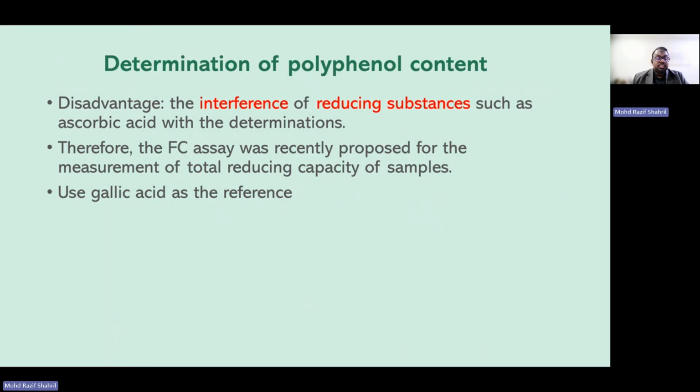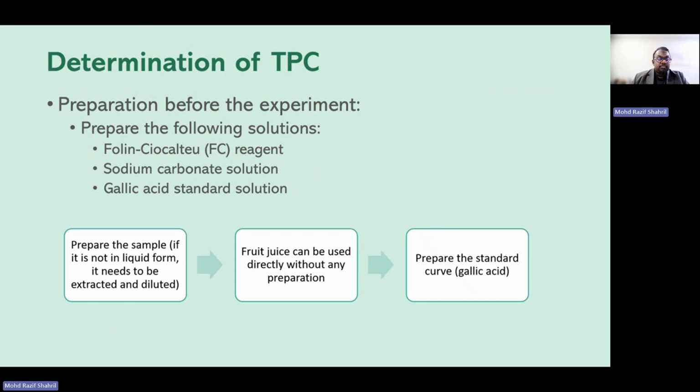Because of this, it is sometimes proposed as a measure of total reducing capacity of a sample rather than strictly polyphenols. So to perform the TPC determination, you prepare your FC reagent, a sodium carbonate solution to create the alkaline environment, and a gallic acid standard solution.